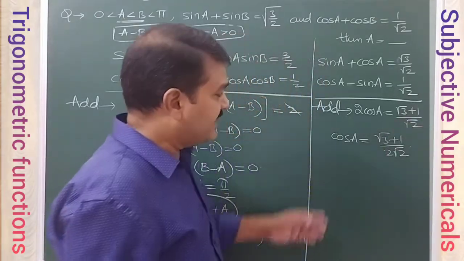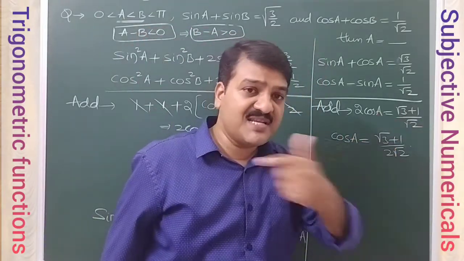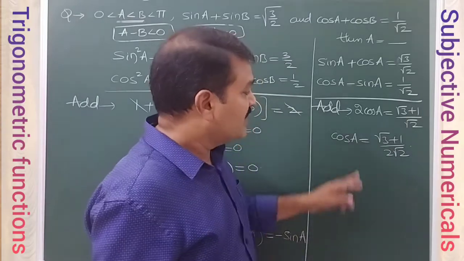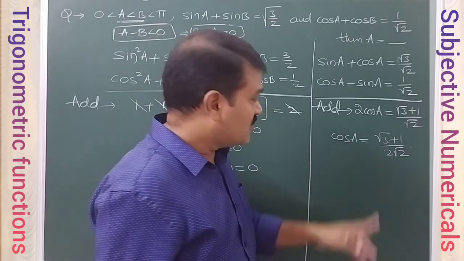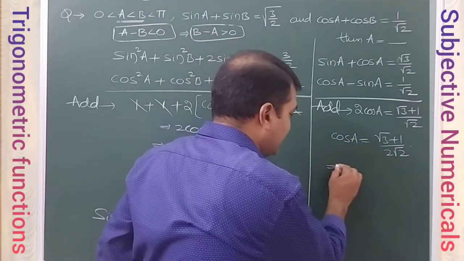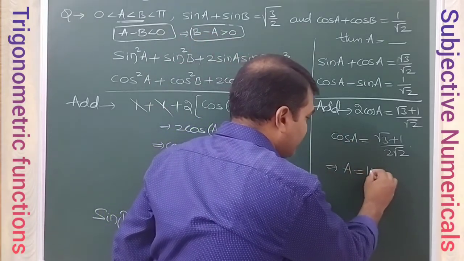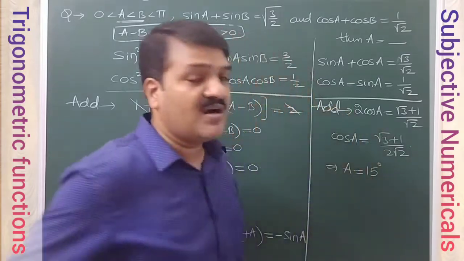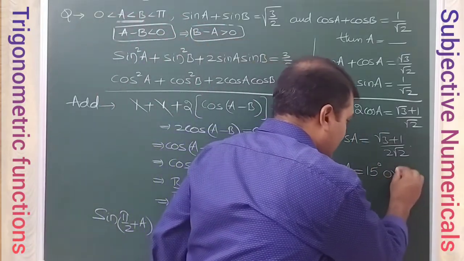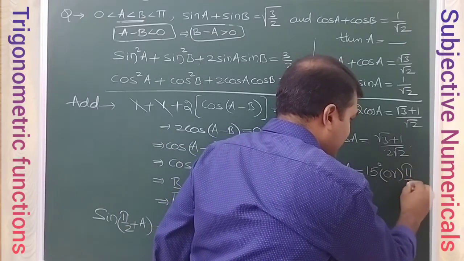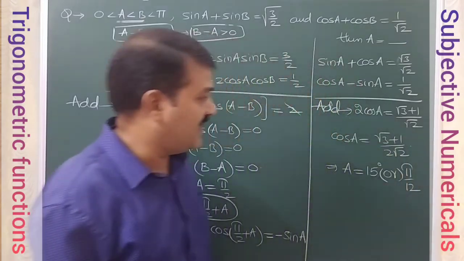Root 3 plus 1 by 2 root 2 is obtained for which angle in the cos function? This is obtained for cos 15. So what is angle A? Angle A is equal to 15 degrees or pi by 12 radians. This is the value of angle A.